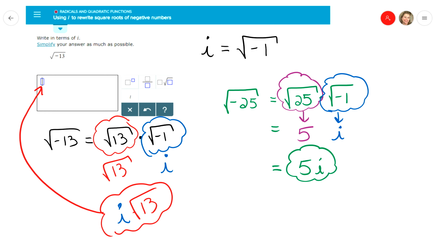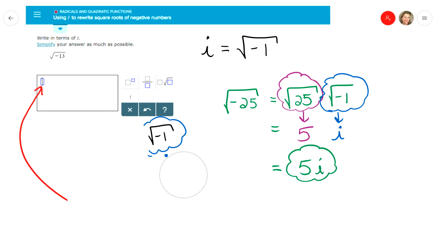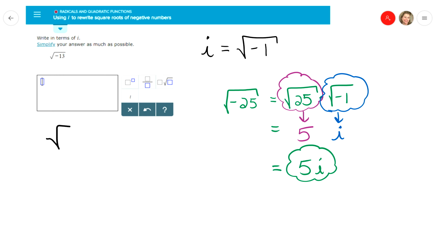They can also give you one where you have to do quite a bit more simplifying. Kind of running out of room, so let me come over here and erase this one. Let's say I gave you the square root of negative 18. Okay.